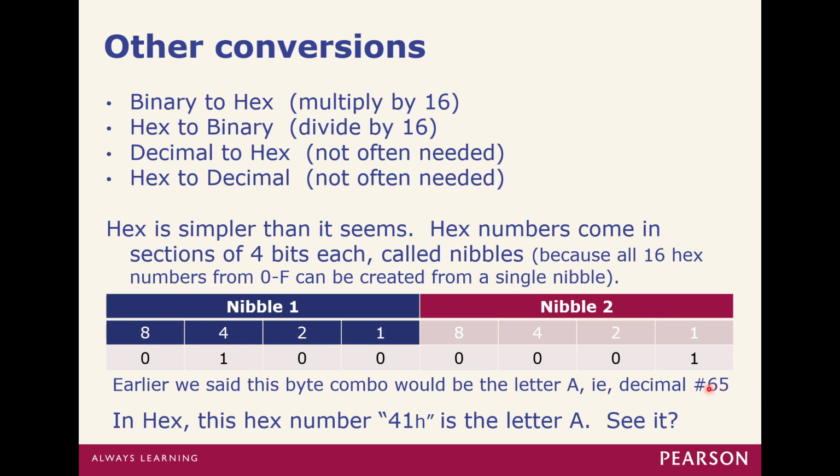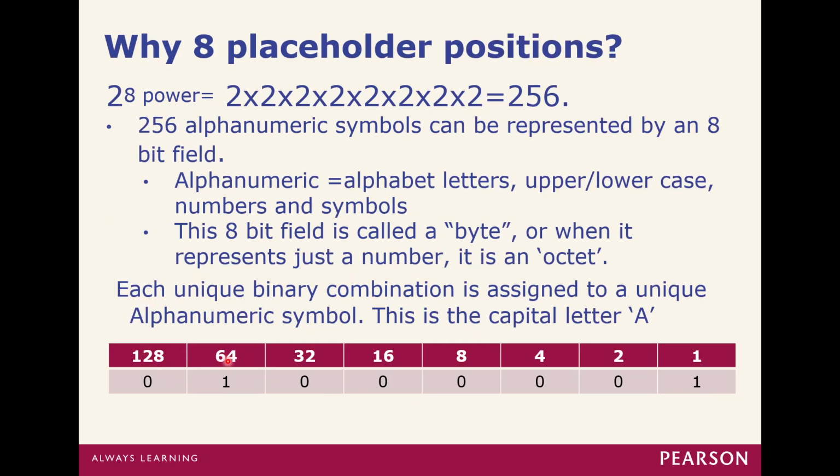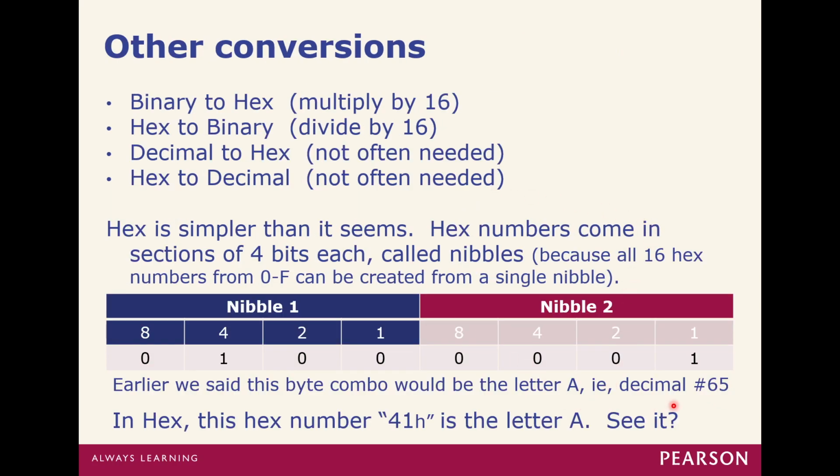So when you have the number 65, as I mentioned before, here we put 64, and we put 1 under it, and here we have 64 plus 1, which is 65. So 65 in decimal, in hex will be, you cut it into nibble 1, nibble 2. Here you have 1 2 4 8, here you have 1 2 4 8, and here you put 1 in here and 1 in here.